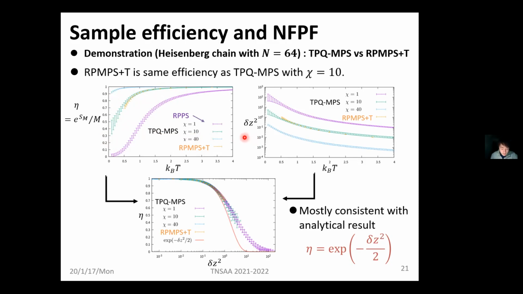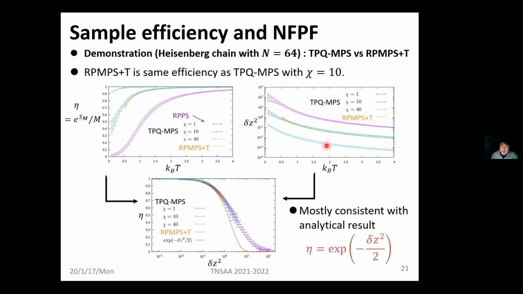Okay, NFPF delta Z square is calculated independently by sampling and examining the norm of the imaginary-time-evolved samples. The same tendency is observed as the sample efficiency.